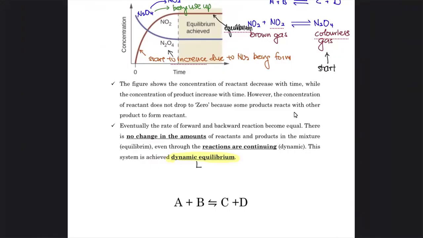Dynamic equilibrium means the speed or the rate of forward reactions, you need to write down this because later we have an exercise for this, equals the rate of backward reactions. Right? So the rate of the forward reactions is the same as the rate of backward reactions. Forward and backward is the same.